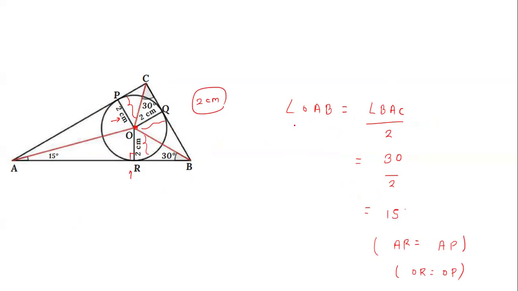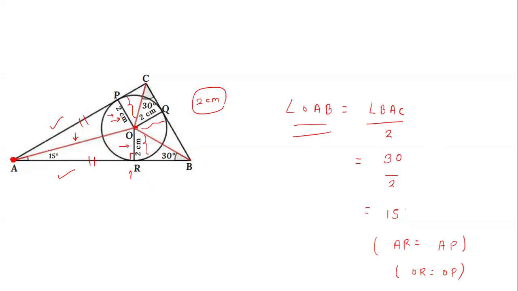Now if we talk about the angle OAB, how much is that? Because if you connect point O to point A, this is the angle bisector. Why? Because we are drawing the tangents from the point A to the circle, so this tangent length and this length are the same, and this length is a radius and this length is also a radius.